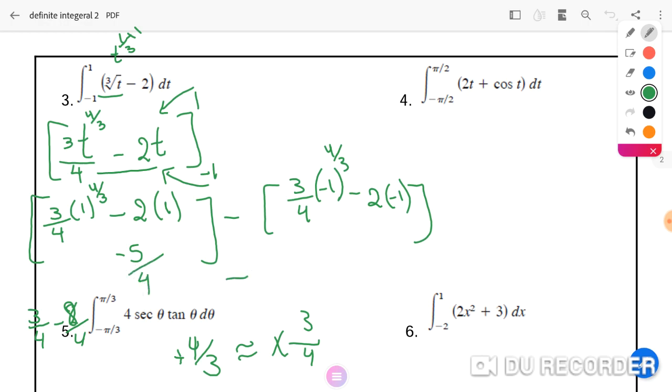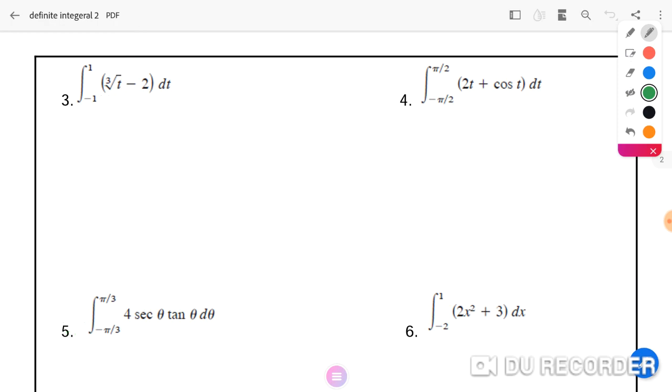Minus, if you substitute here, it will be negative 3 over 4, and here plus 2, which is 8 over 4, so it will be 5 over 4. Negative 5 over 4 minus 5 over 4 will be negative 10 over 4. In the simplest form, it will be negative 5 over 2, and you can use a calculator to check whether the answer is right or wrong. Okay, let's solve the next one.